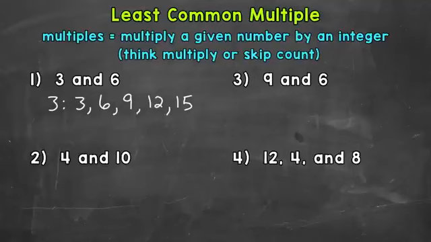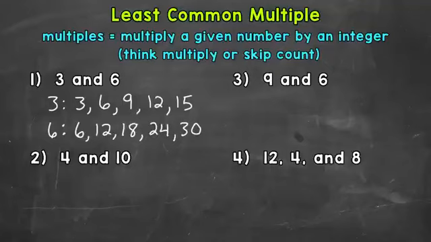So let's write some multiples of 6. So again, think multiply or skip count. So 6 times 1 is 6, 6 times 2 is 12, times 3 is 18, times 4 is 24, and then times 5 is 30. So we did 5 multiples for each. Let's see if we have any common multiples.